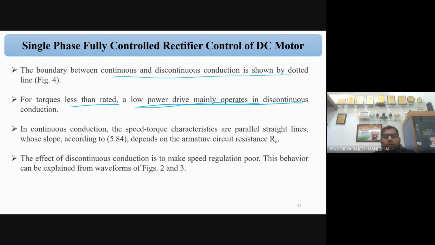In continuous conduction mode, the speed torque characteristics are parallel straight lines according to equation number 14, depending on the armature circuit resistance Ra. The effect of the discontinuous conduction is that the speed regulation is poor. Because of the zero current condition, speed regulation is poor in the discontinuous conduction mode, as we already explained in figures 2 and 3.